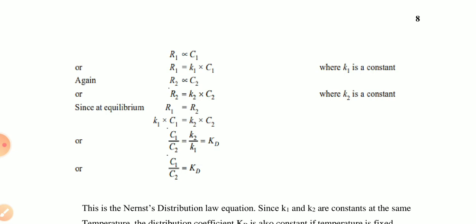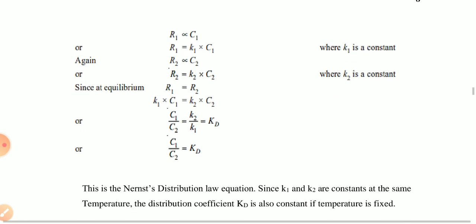If we equate both equations, we get K1 into C1 equals K2 into C2. Rearranging the terms of C and K, we get C1 by C2 equals K2 by K1, and K2 by K1 is simply a constant value, which is Kd. So C1 by C2 equals Kd, which is the distribution coefficient.